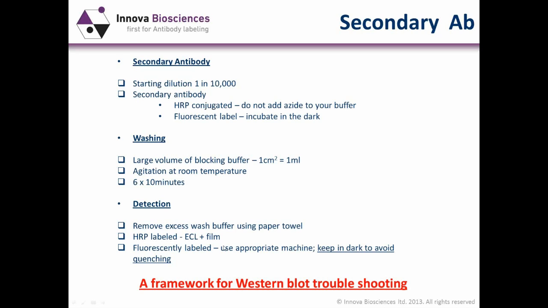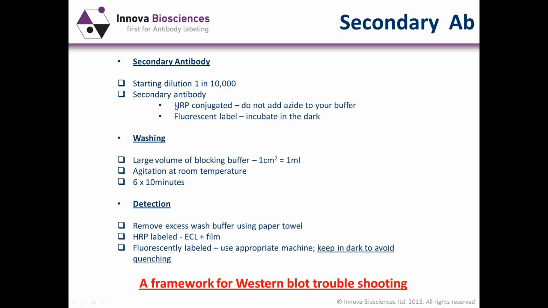10,000. Sometimes I would have situations where the detection signal would be so strong and it would result in such a high background that I was able to take my secondary dilution down to 1 in 100,000. As I said, you have to understand which secondary antibody you want.